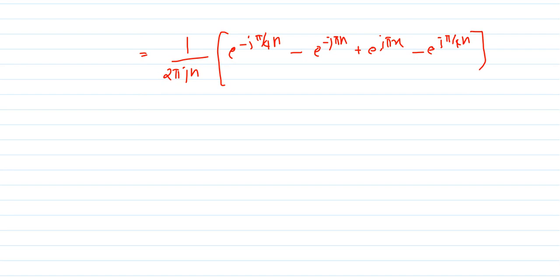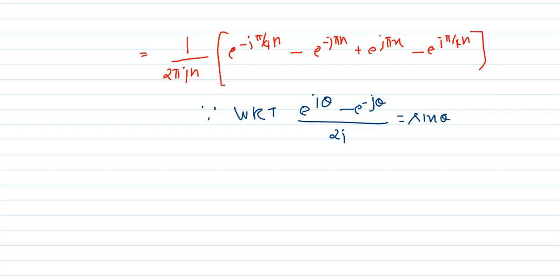Now we know that e power j theta minus e power minus j theta by 2j is sine theta.